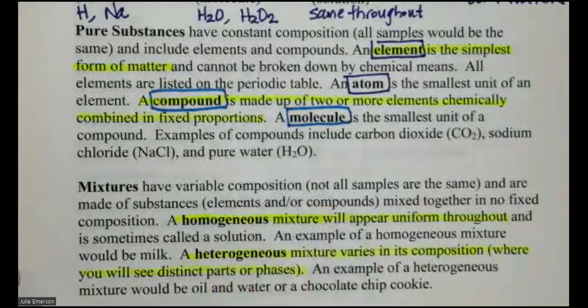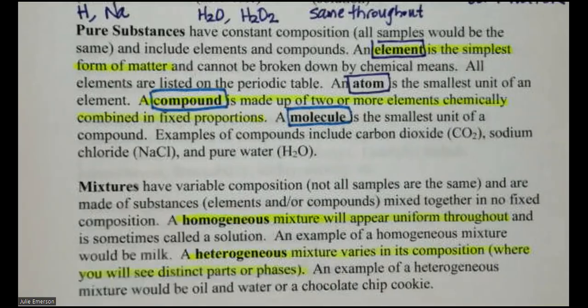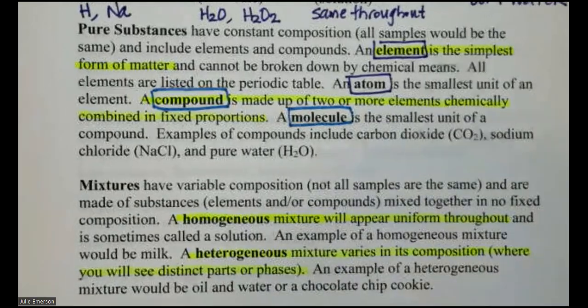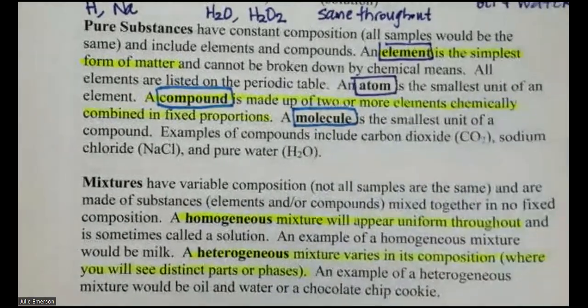Like you can see different parts of the mixture. So like imagine going to the beach and taking a scoop of the beach sand, and you see seashells and other things, right? That's heterogeneous. You can see the different things in that mixture. All right. Chocolate chip cookie, also a good example. All right. So that's first page.